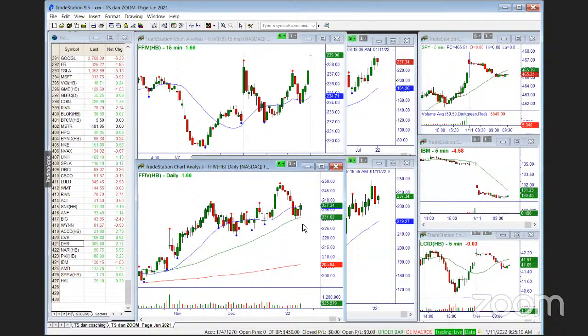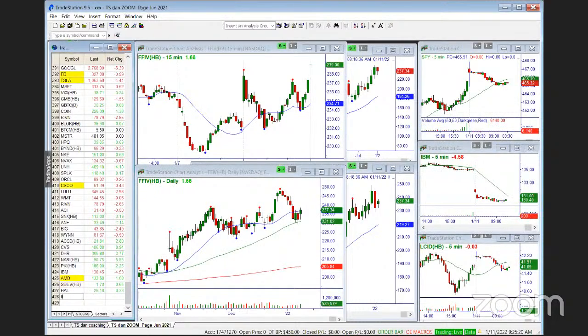FFIV. Here again, the turn. See this beautiful turn, 100% to the 50 to major support. I did look for put spread on that yesterday, but it's way too spready. But over yesterday's high, depending on what the market's doing, that's a directional watch.